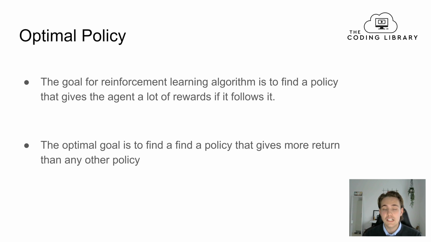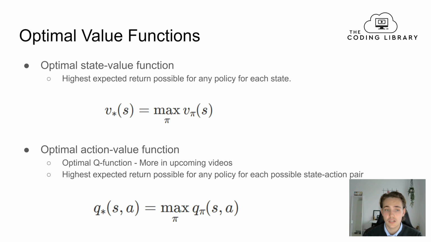When we're training our agent in the environment, we're finding a policy all the time, and we're updating that policy over time as we interact with the environment. Our optimal goal is to find that policy that beats any other policy and gives the most return possible. We're going to talk more about that as well.